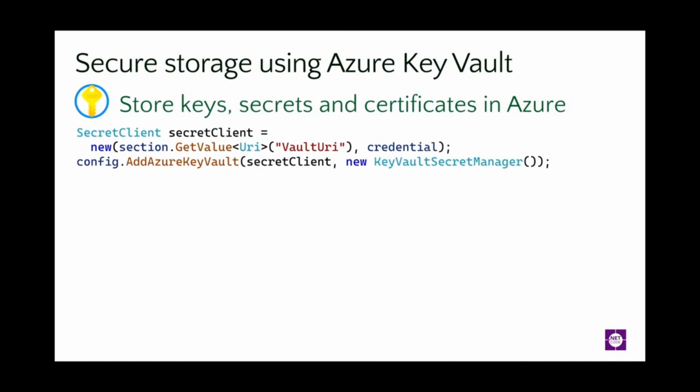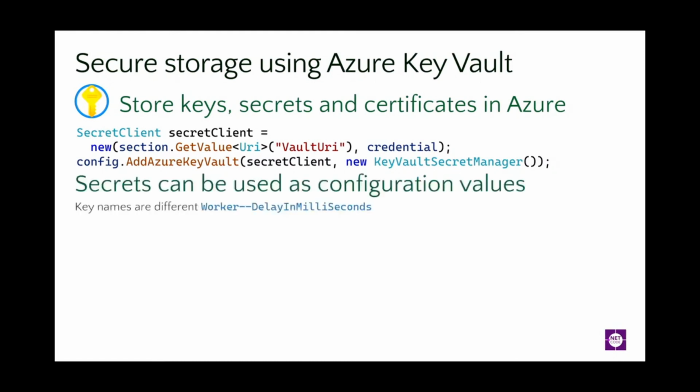Add a provider and add it as one of the last, so you can use all the other configuration to tweak it. And in this case, we need something like credentials to get into it. And if you use Azure Key Vault, you can't use a colon, the two dots, to do the hierarchy. Instead, you need to do two dashes. So Worker--DelayMilliseconds is the name of the secret, and then you can give it a value.